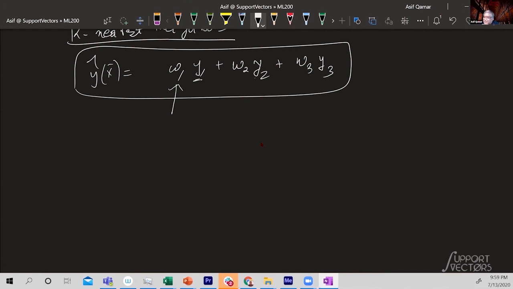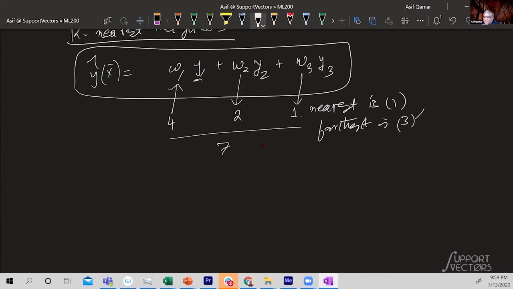Let's say the nearest is 1, and the farthest is 3. You could weigh the nearest 4 times, the next 2 times, and the far off one once. Distribute the weight, and then of course divide by the total weight of 7.